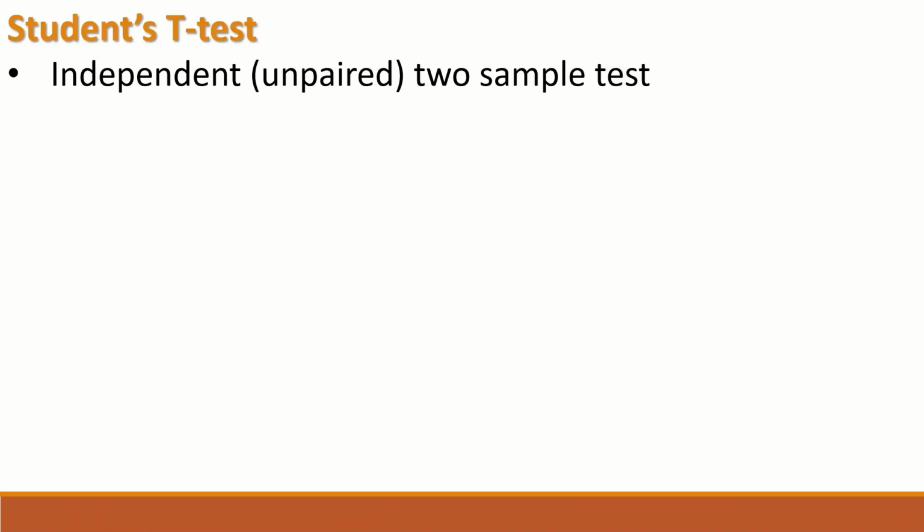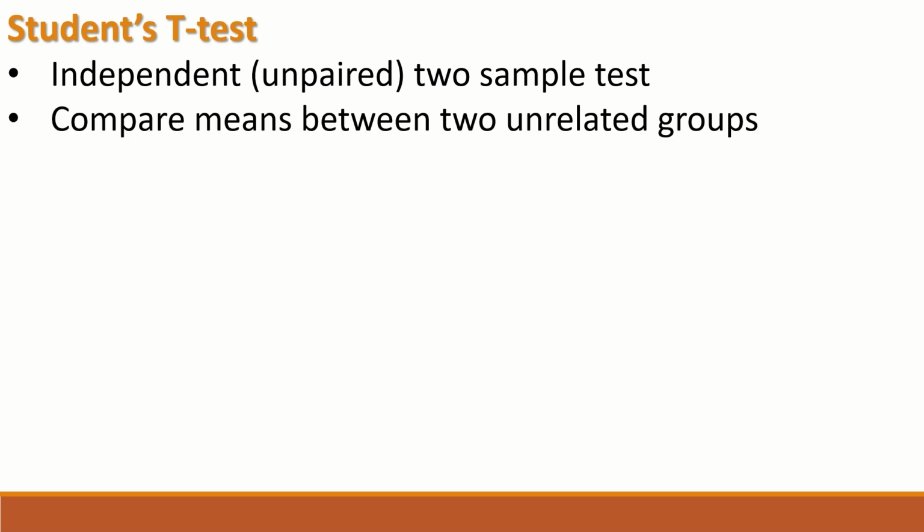So before listing the assumptions for the unpaired t-test, let's give a brief description of the Student t-test. The Student t-test is the independent, unpaired two-sample t-test. It compares the means between two unrelated or unpaired groups.